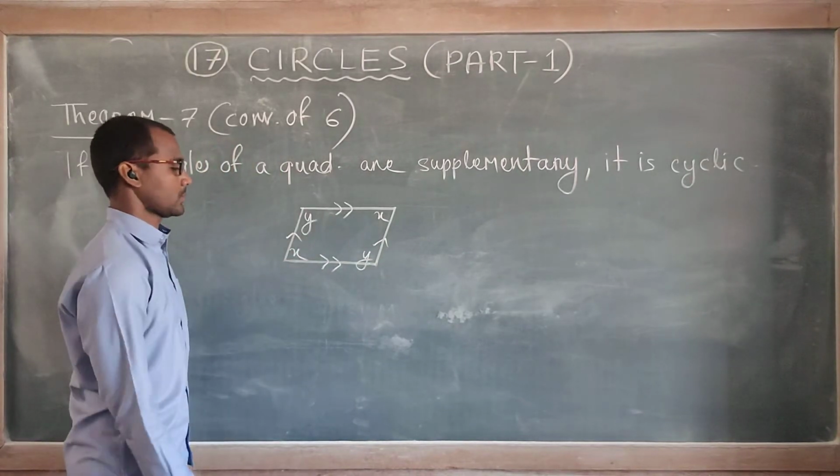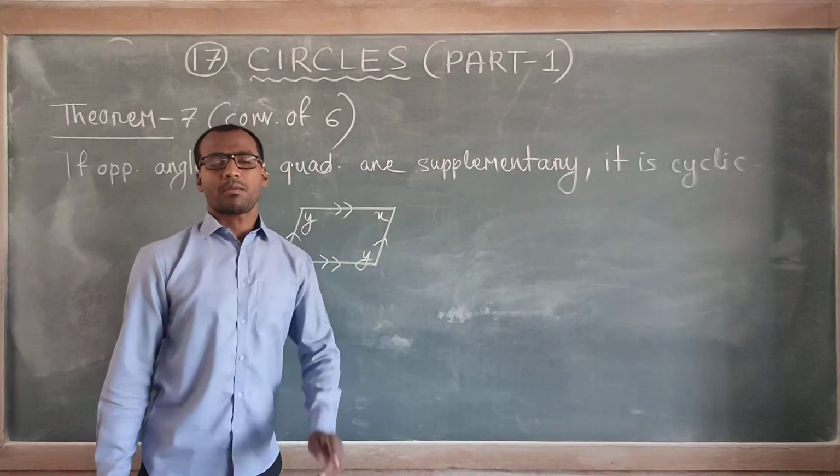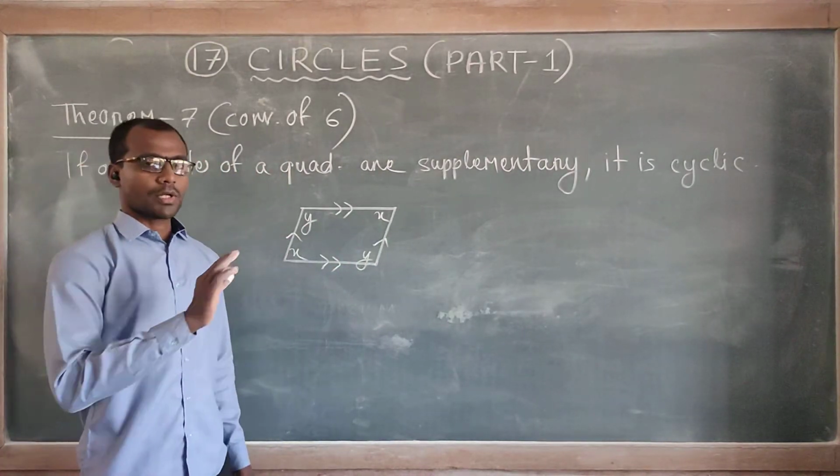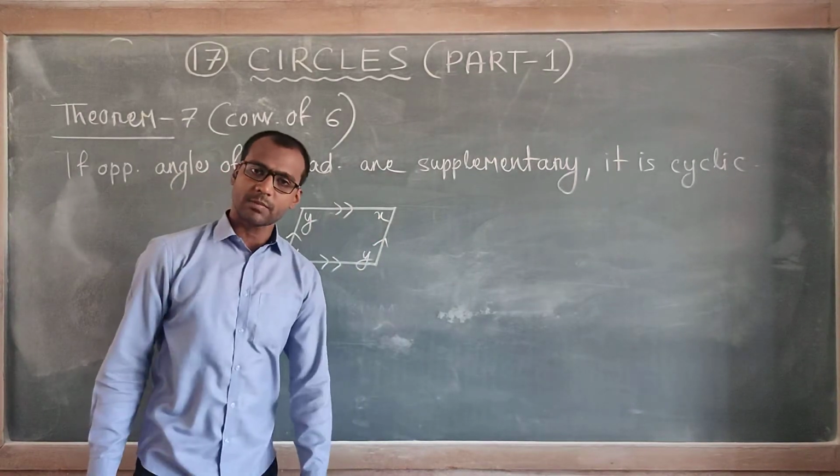In a parallelogram opposite angles are equal but not supplementary. So you can never draw a circle that can pass through all the four vertices of this parallelogram.